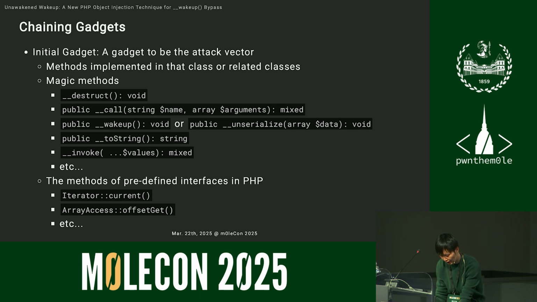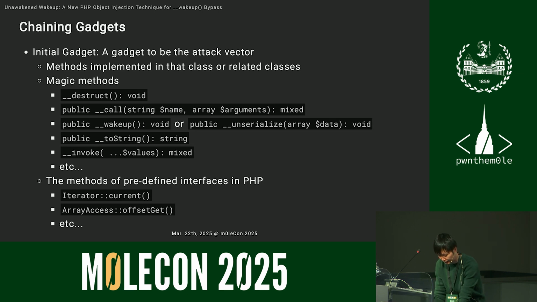Wakeup is called early in unserialize. And toString is triggered when the object is treated as a string. Other methods tied to predefined interfaces might also be used, like Iterator current, ArrayAccess offsetGet. These methods access properties, and that's what kicks off the next gadgets in the chain.